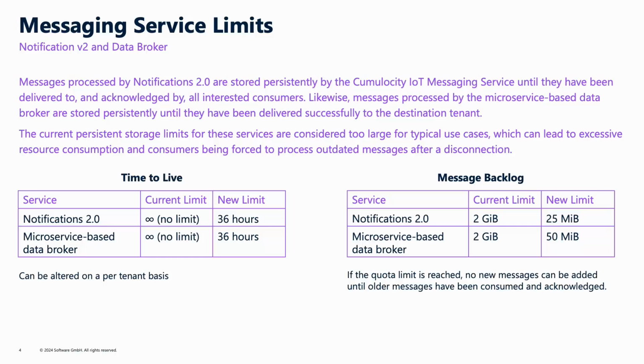So this is really to ensure that if the time to live isn't limiting appropriately, the backlog will. And if you reach your quota on this, then no new messages will be added until older messages are consumed. If you feel that these limits are not appropriate for you, then please contact us.